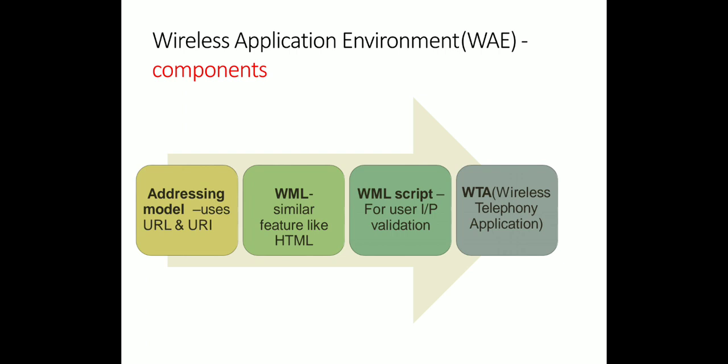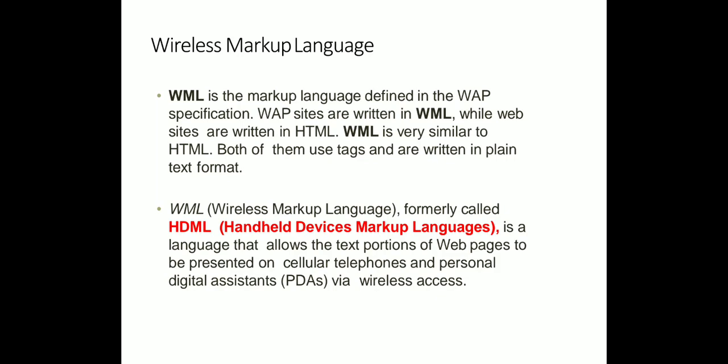We have also seen the components of the WAE environment and how WAP actually works. The basic part of the WAP protocol is based upon WML, the language used for the WAP protocol. That we are going to see in this session, so what WML is, we will see.